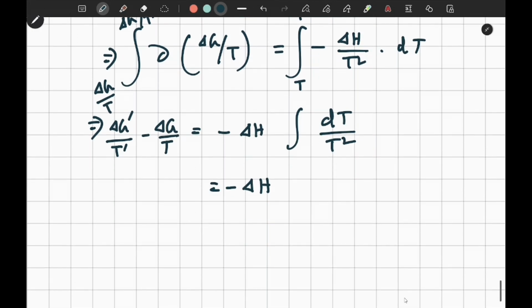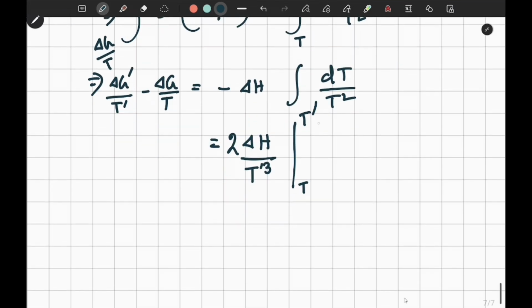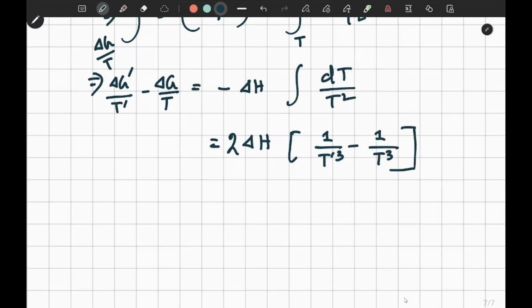It will be minus 2, so it will be 2 by t cube from t to t prime. So eventually it is 1 by t prime cube minus 1 by t cube. So this is the answer. This is the thing that is required.